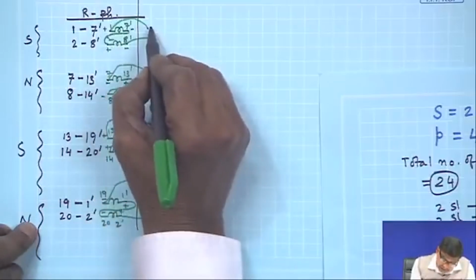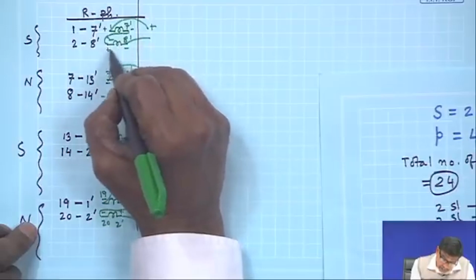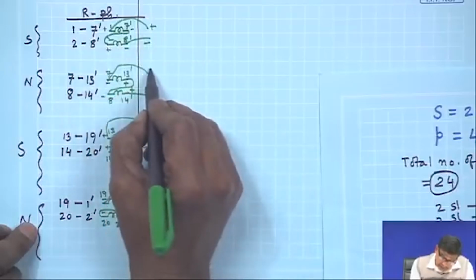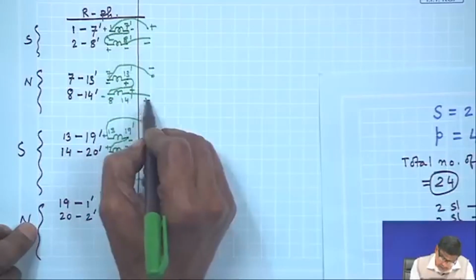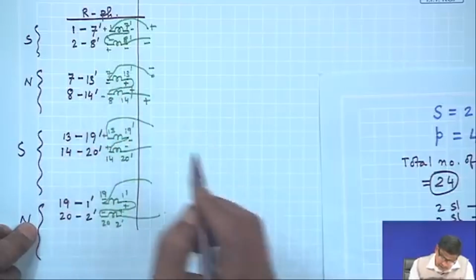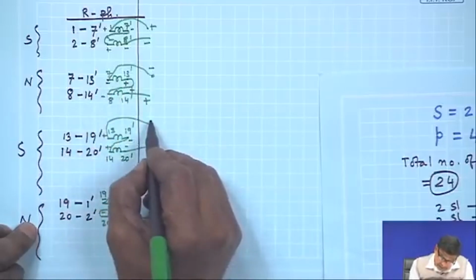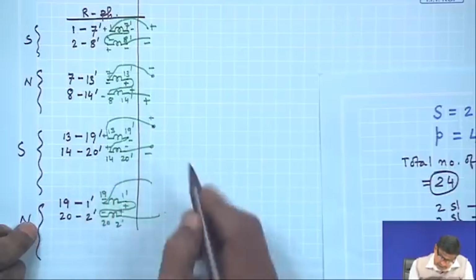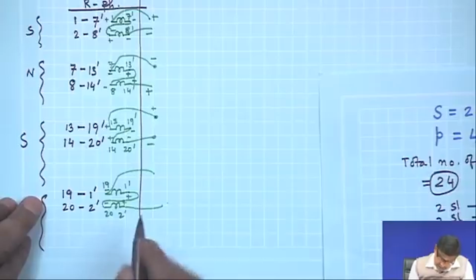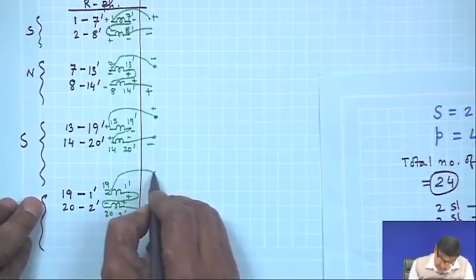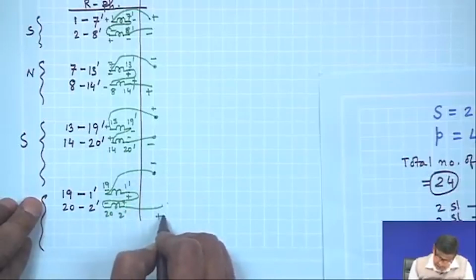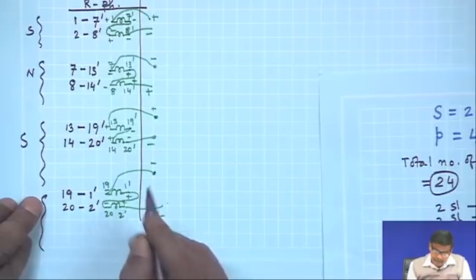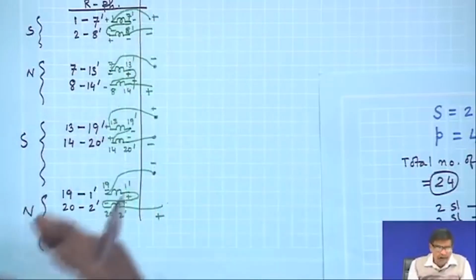So, if you see the polarity of the groups, this is plus, this is minus, this is minus, this is plus, minus plus, minus plus, and once again this is plus, this is minus, and the last one is minus, plus. Each group will have the same RMS voltage.